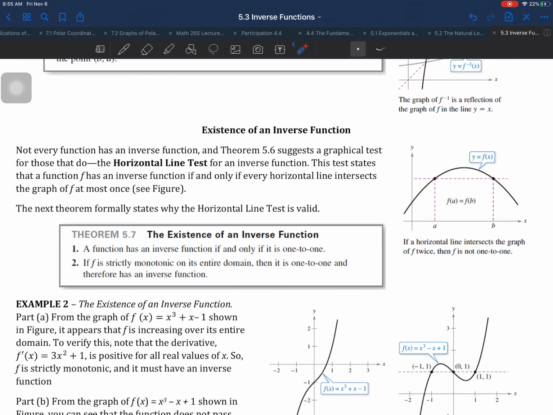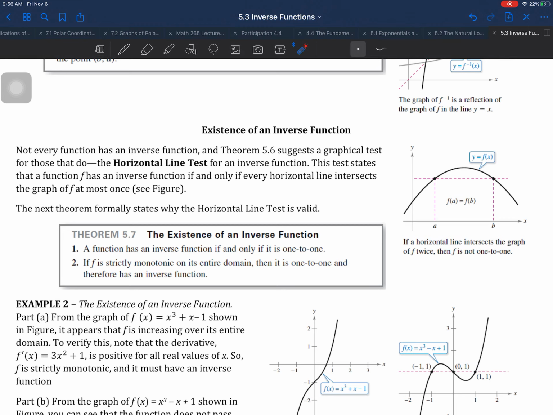Theorem 5.6 suggests a graphical test for those that do. This is known as the horizontal line test for the inverse function. This test states that a function f has an inverse function if and only if every horizontal line intersects the graph of f at most once.